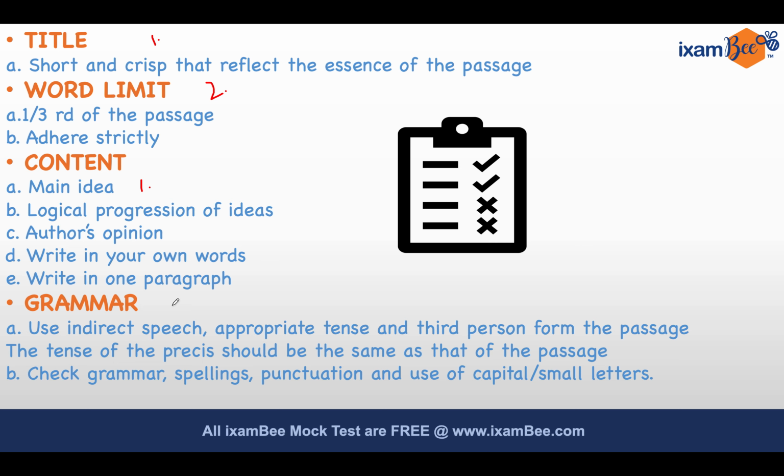If you make mistakes in any of these, you would be penalized in the grammar category. So title, word limit, content, grammar, please remember them. These are your main evaluation criteria. When your examiner is looking at your précis, he will be ticking off against each of these categories and give you marks for each of them.